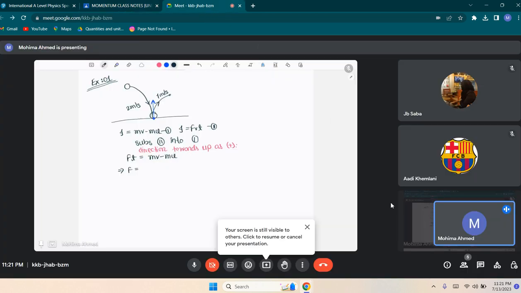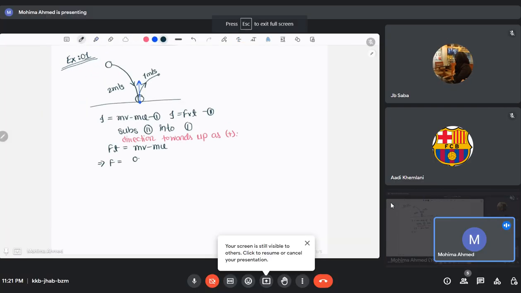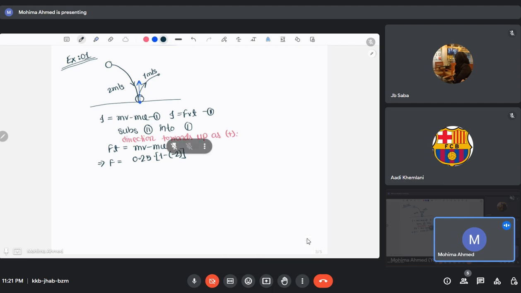Mass was 0.25 kg, so it will be 0.25. Final velocity was 1, but in the upward direction. Initial velocity was 2 in the downward direction, right? So it will look like 1 minus 2. Right, V minus U. V was 1, U was 2, but in the downward direction. That's why 2 has a minus sign in front of it. Divided by the total time taken in the journey, it was 0.1.